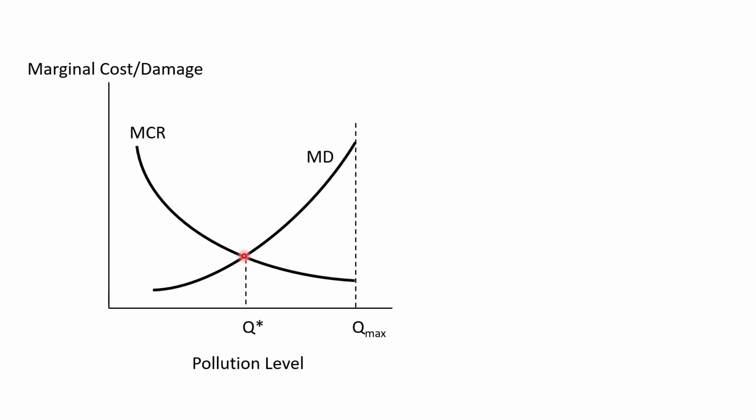However, once you pass Q star, it is no longer efficient, because the marginal cost of reduction is higher than the marginal damage. You would be spending more money to avoid a lesser amount of damage in monetary values. So Q star is the optimal level of pollution, and the optimal level of reduction is from Q max to Q star.